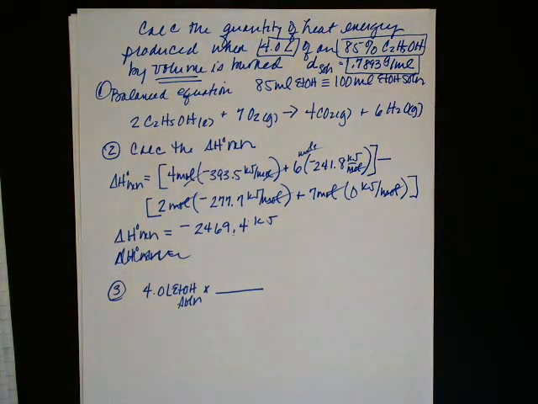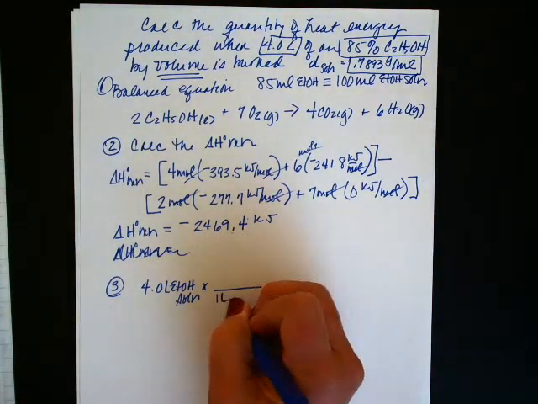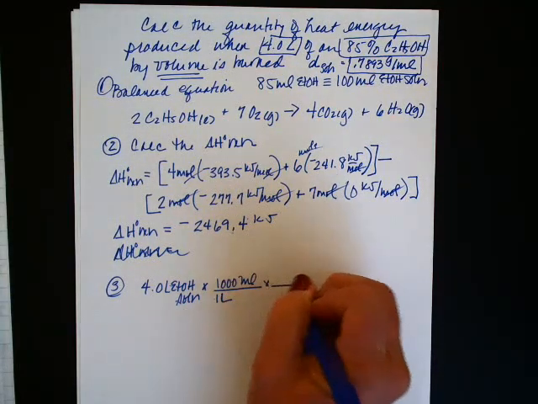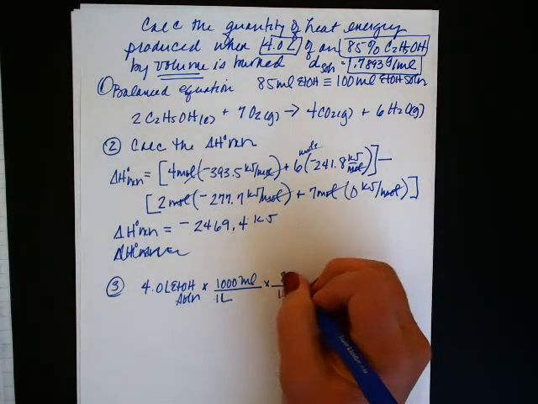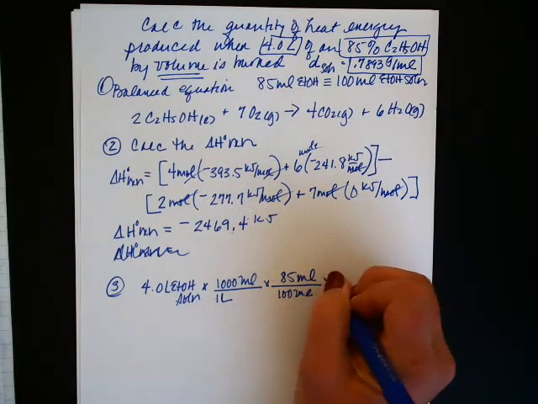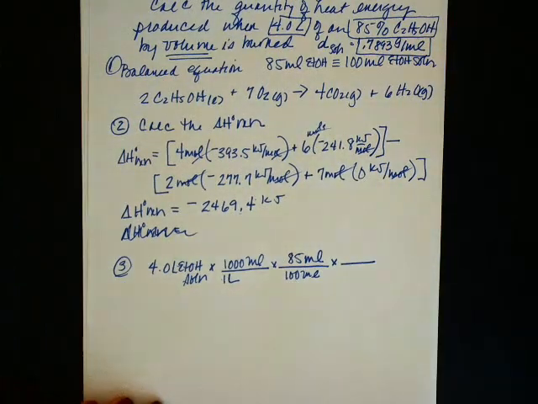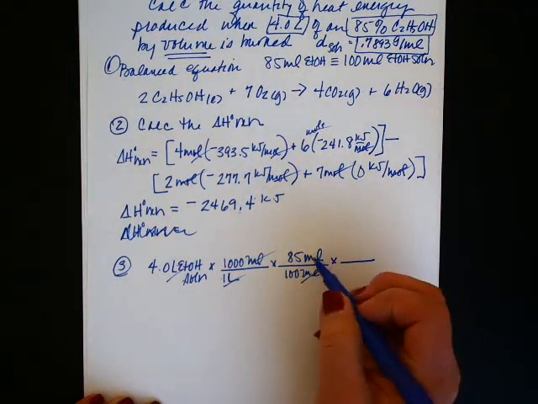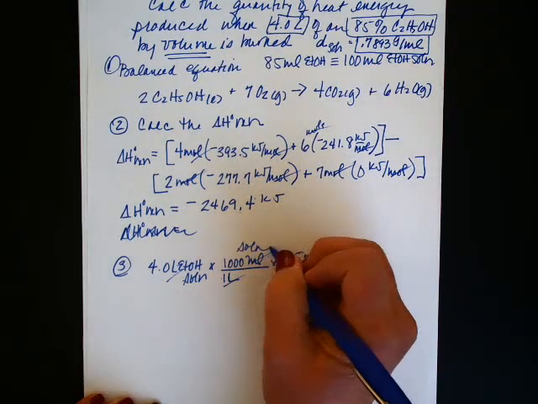So I have liters here, so I need to convert those liters to mL. So I can use that percent to convert, eventually to grams using density. So I've gotten rid of my liters, I've canceled mL of solution. This is mL of ethanol.